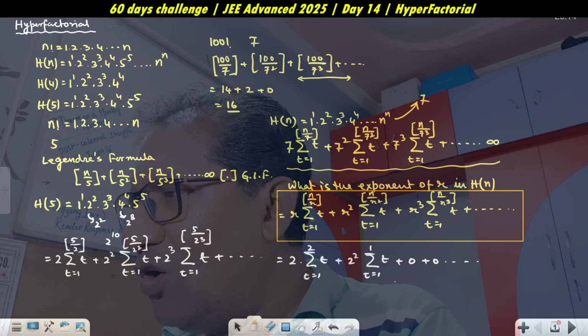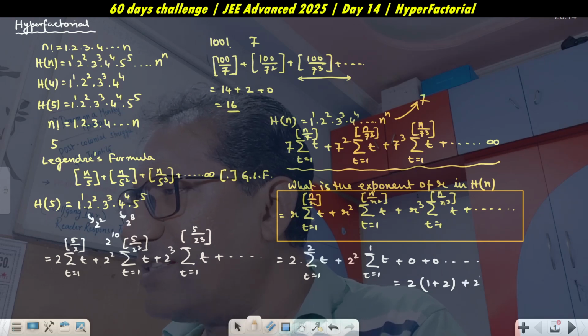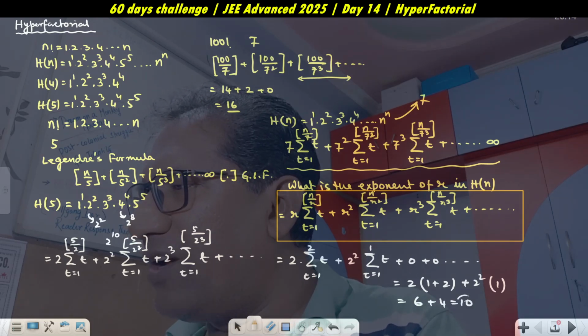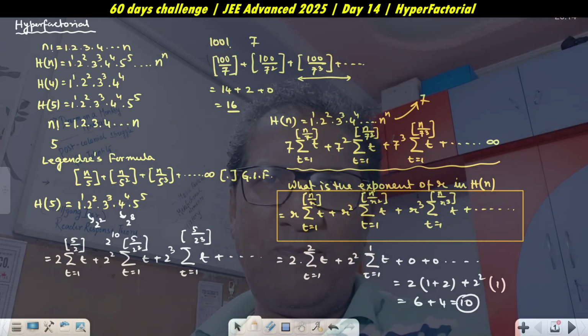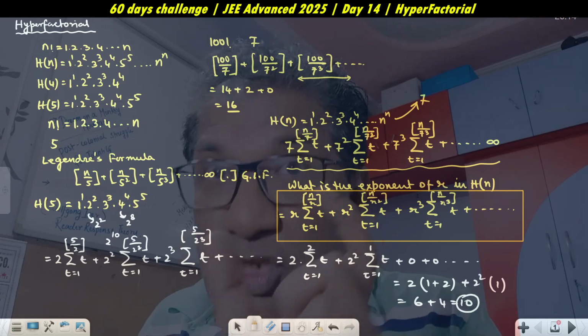Okay? So our answer is coming to 2 into, this is basically 1 plus 2, this is 2 square, only 1. So it is coming like 3 to 6, 2 square is 4, you see we got the answer as 10. So you can take different values, take small values.